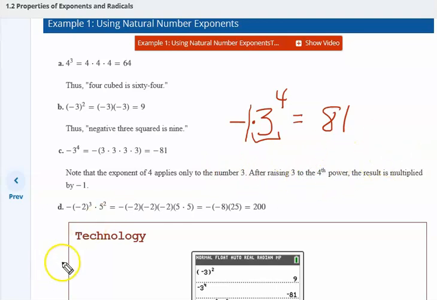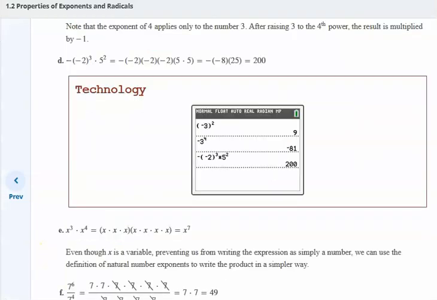Okay, and they're reviewing what we just said here. All right, let's look at item D. Here we need to be familiar with the order of operations. What do we do first? Well, we would do what's in the parentheses first. So this is a negative 2 to the third power, which becomes a negative 8.